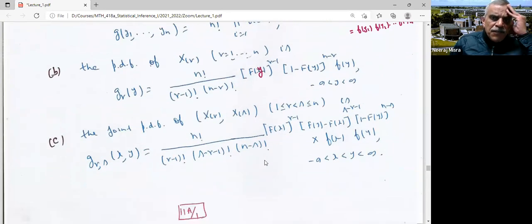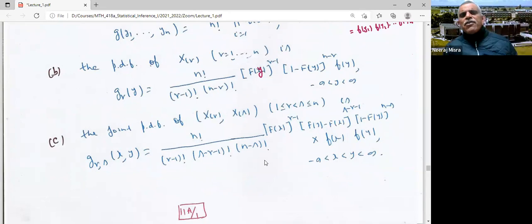So the joint PDF of X(r) and X(s), where r is less than s, r less than s means X(r) is smaller than X(s). So in the first argument, I'm taking a smaller order statistic. In the second argument, I'm taking s bigger than r. So that means that is a larger order statistic.